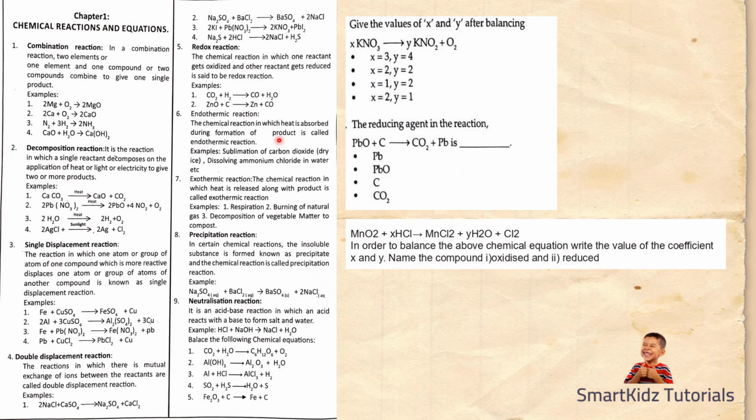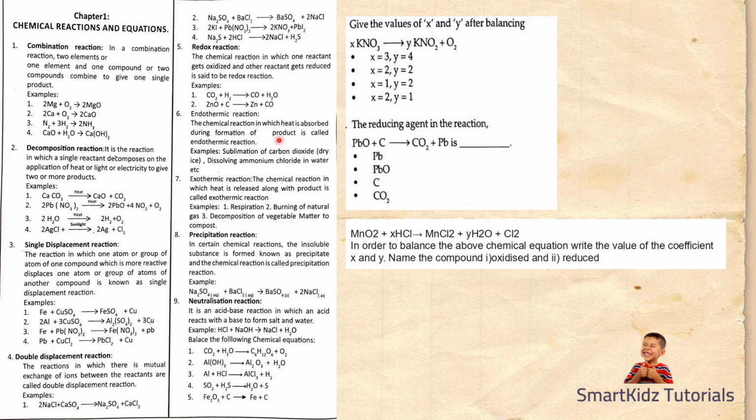In a redox reaction, a very simple thing: somebody loses oxygen and somebody gains oxygen. When in a chemical reaction the reactant gains oxygen, we call it an oxidation reaction. And when the reactant loses oxygen, then we call it a reduction reaction.